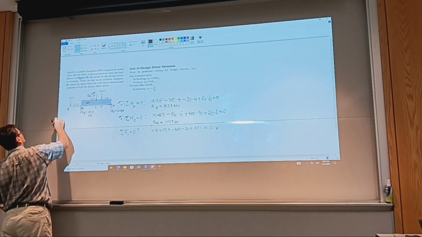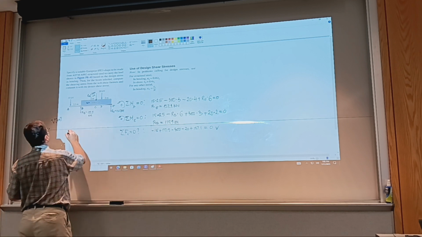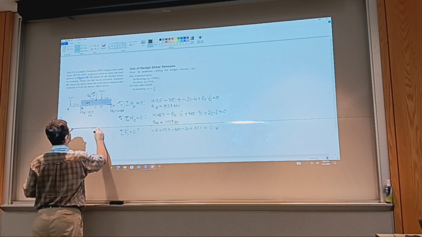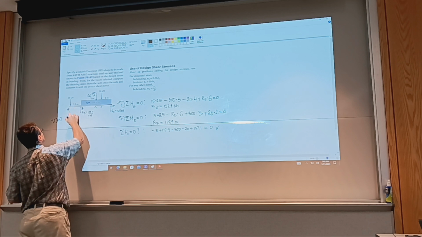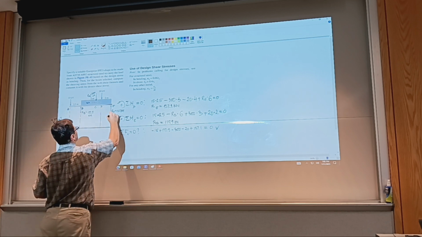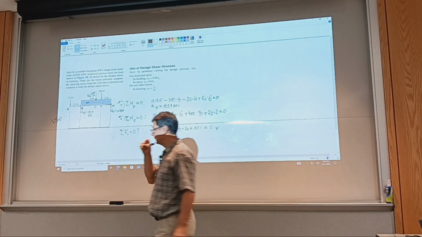Units are kilonewtons, and I'm using this seam between the two boards as the x-axis. So I need to align the diagram with some singularities, things that happen on the beam.